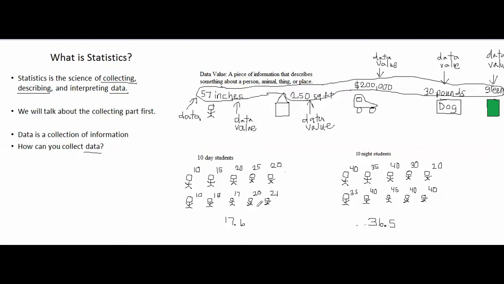Now, what's another option to describe this data set besides just calculating these two averages? What's another way to present the data set to someone? Well, I could also show a graph like this. I could create a bar graph.